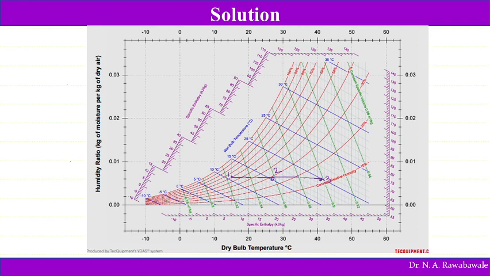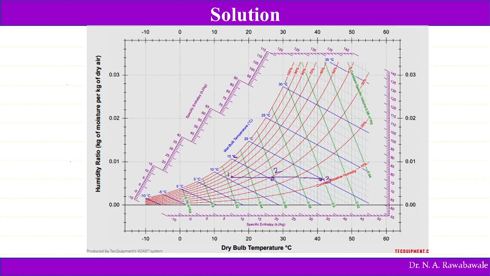Now corresponding to these points on this psychrometric chart, you can get H1, H2, and the wet bulb temperature corresponding to point 2. If we see, it is greater than 15. So the wet bulb temperature of air can be more than 15, approximately 16 degrees Celsius.